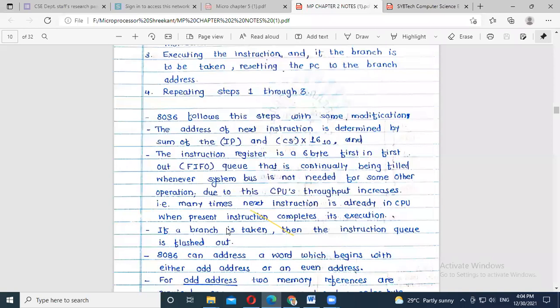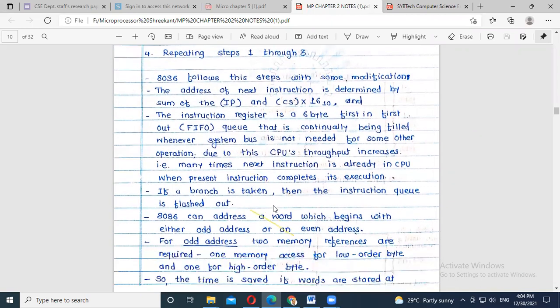The special purpose registers are the stack pointer, base pointer, source index and destination index. The general purpose registers are AX, meaning AH and AL, BX, CX, DX. These 16-bit general purpose registers are used for the internal operation of 8086.